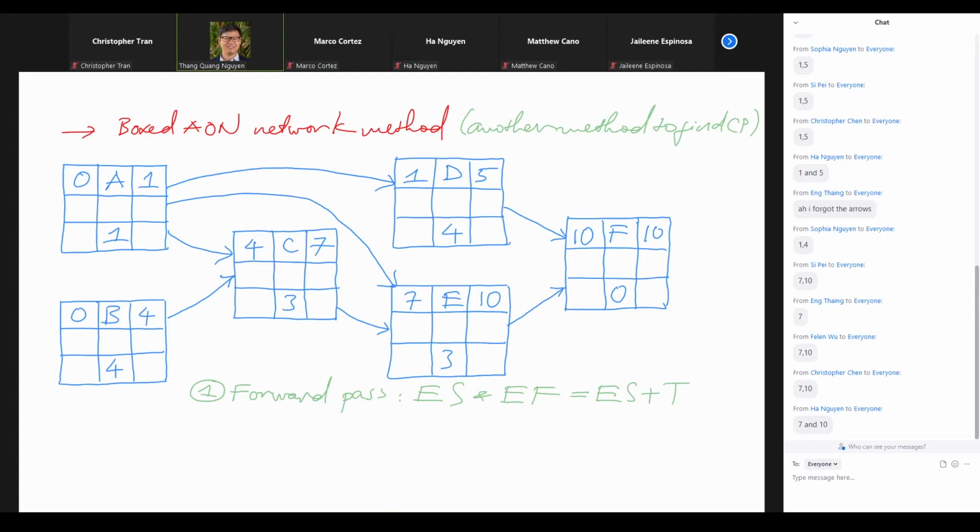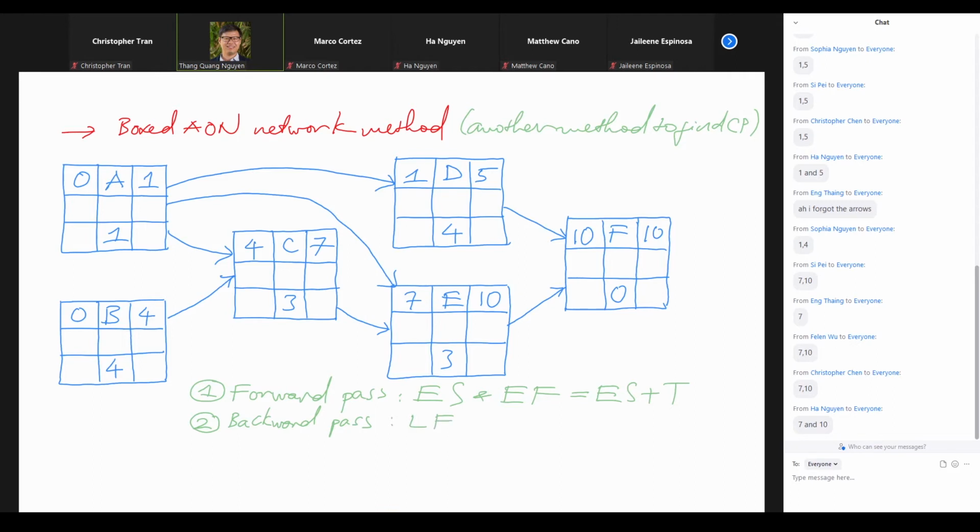In the second step, we will need to fill in the bottom row. To do the bottom row, we would do the so-called backward pass. In the backward pass, you would need to fill in the latest finish date first.